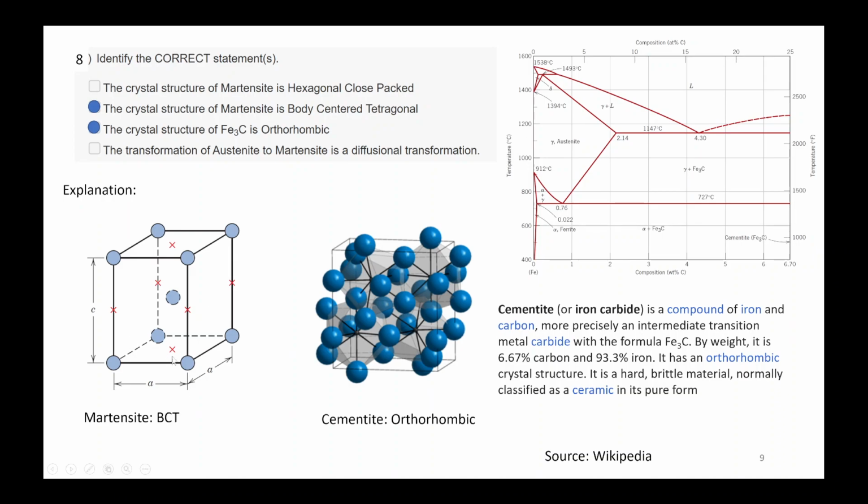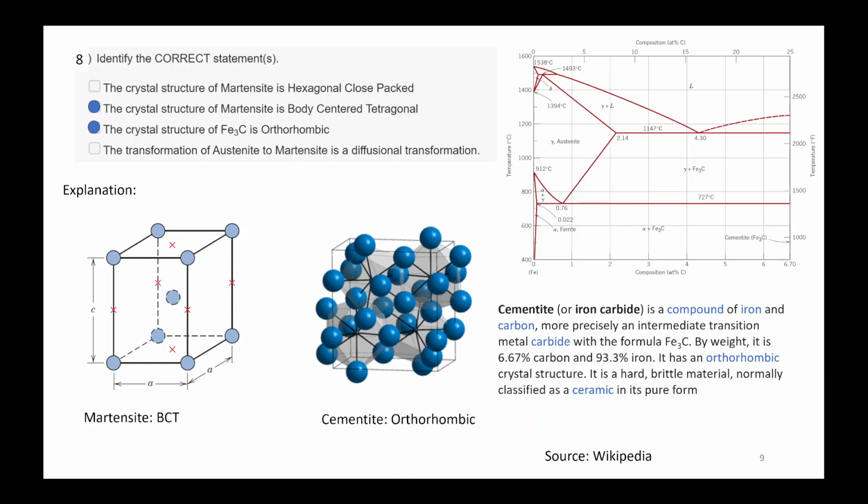And this is the structure of martensite, which is a BCT type of structure. Here, in octahedral voids, your carbon will be existing, and in this case a complex orthorhombic structure is in the case of cementite structure. The cementite is your iron carbide, which is a compound of iron and carbon, more precisely an intermediate transition metal carbide with the formula Fe3C.